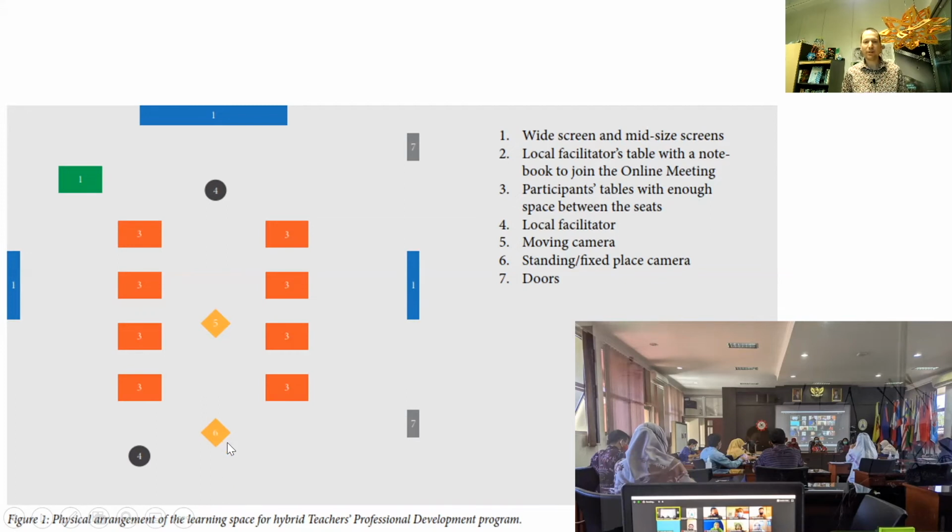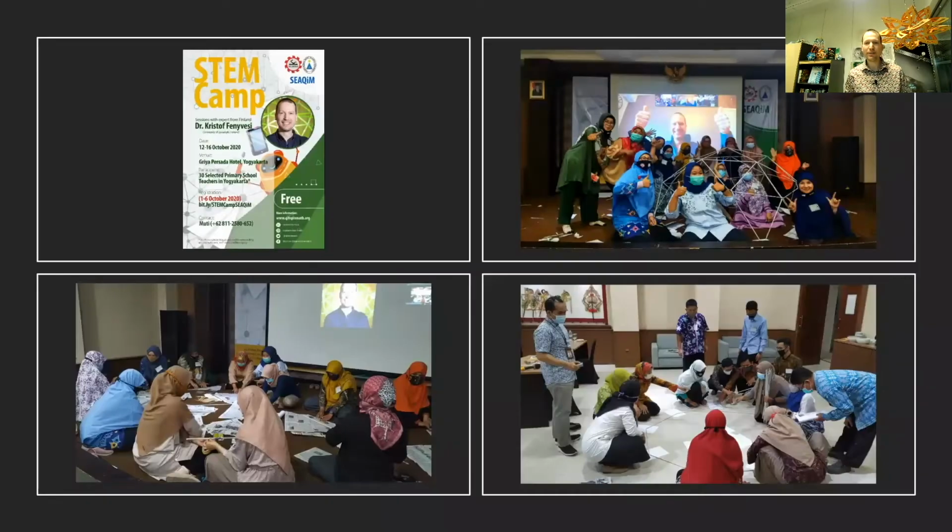And there is also a place for a fixed camera in the space. And when you take a look at the arrangement, the doors are located in such a way that when someone is coming in or going out, that doesn't disturb the focus and the concentration on the learning process.